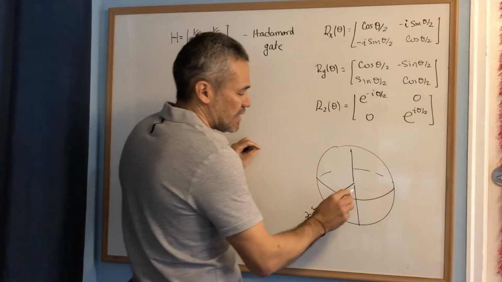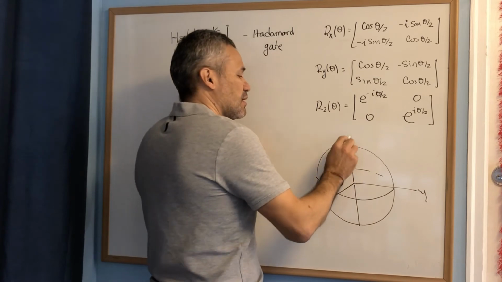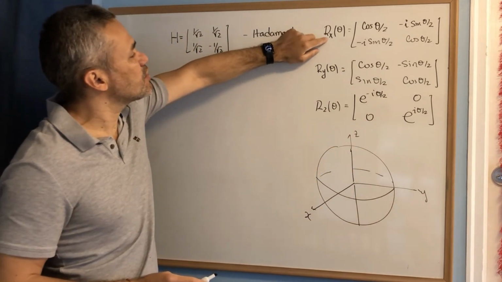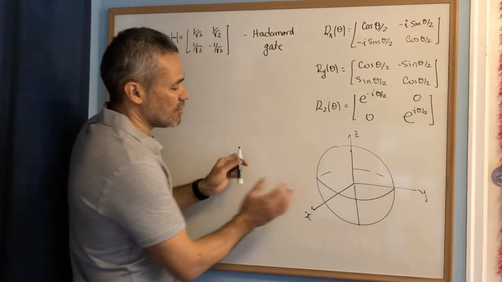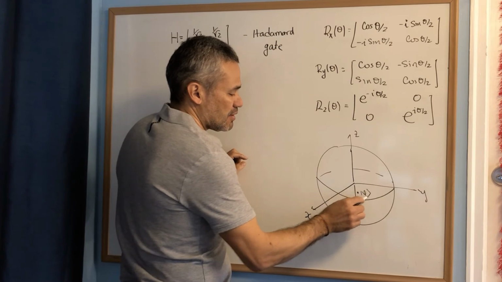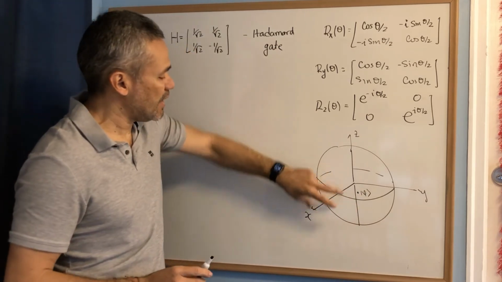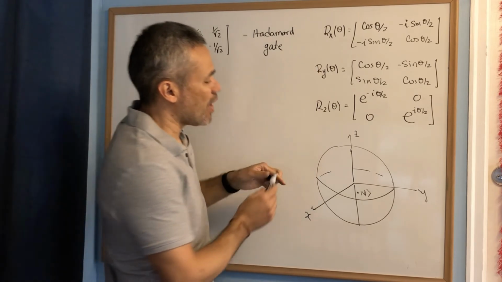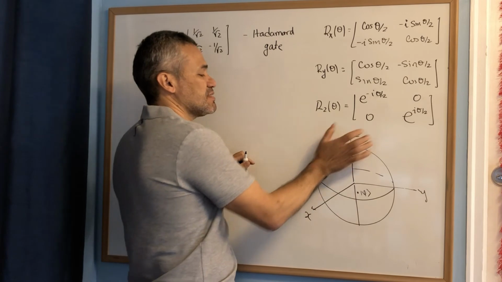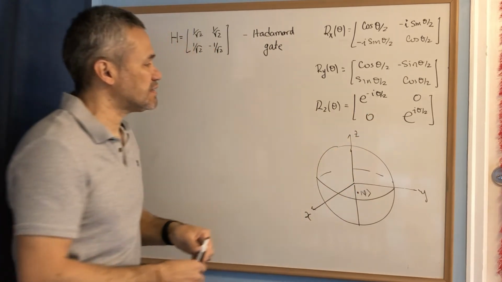If this is the x-axis, the y-axis, and the z-axis, when you apply a rotation Rx of theta, essentially you have a qubit here, and you are doing a rotation around this x-axis. This Ry is going to be a rotation along this y-axis, and this Rz is going to be a rotation of that qubit around the z-axis.